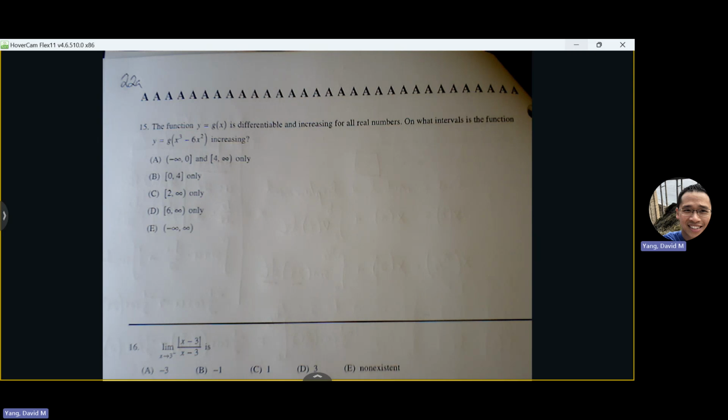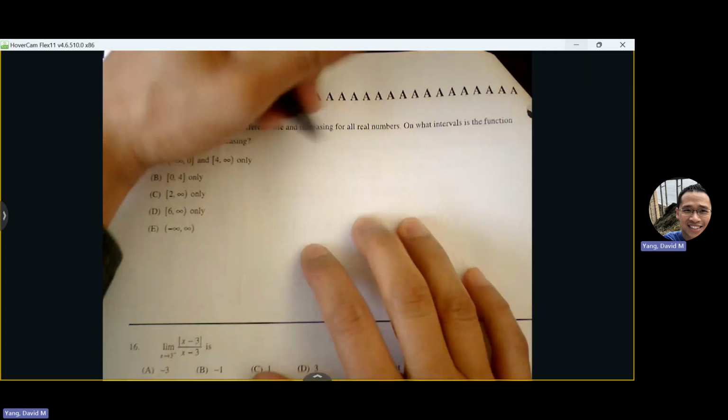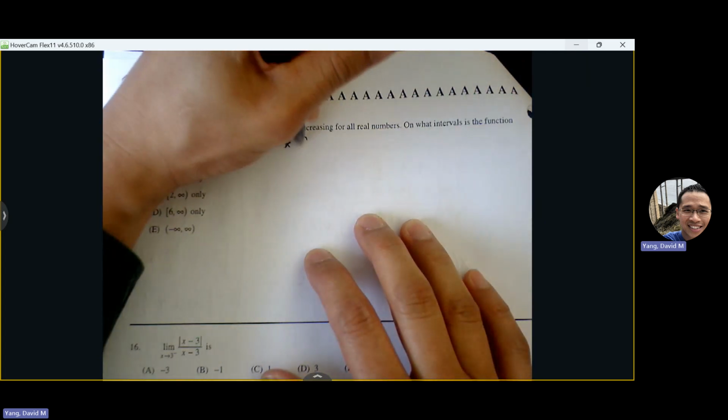On what interval is the function g of x cubed minus 6x squared increasing? Anytime we're talking about increasing or rate of change, we have to involve the derivative. So let's find the derivative.